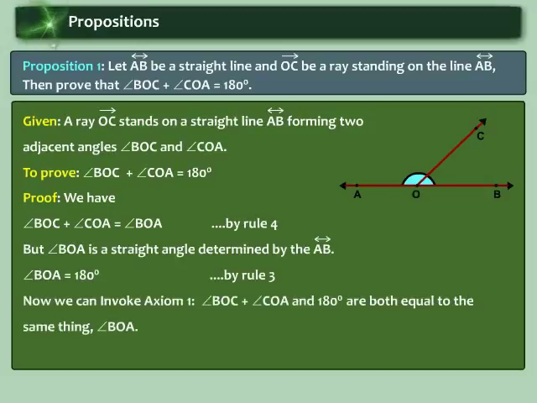Now we can invoke axiom 1, as angle BOC plus angle COA and 180 degrees are both equal to the same thing, which is angle BOA. We conclude that angle BOC plus angle COA is equal to 180 degrees.